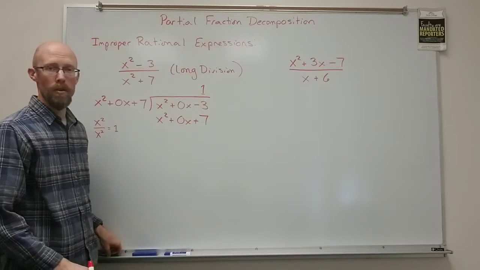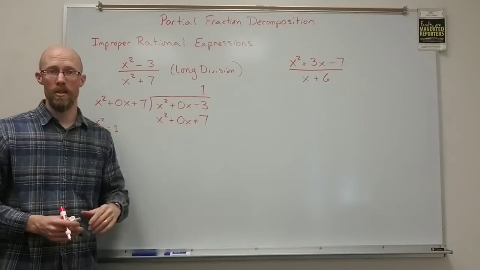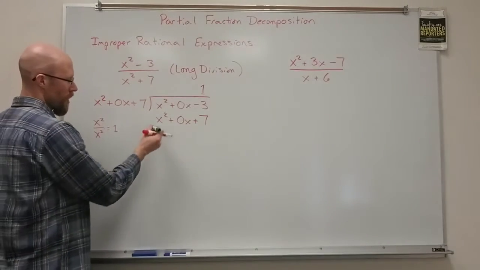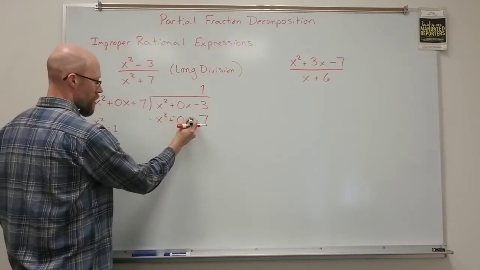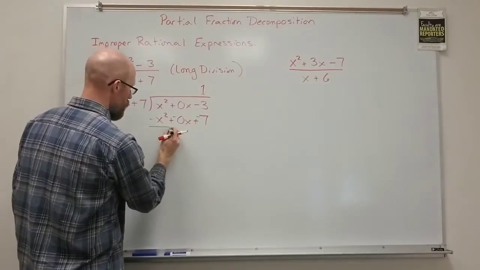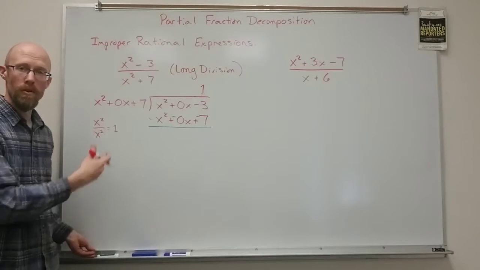And if you recall, the process we used for long division at this point was to change the signs and draw the line. You change all the signs because you're going to subtract that to find the remainder. So you change the signs and draw the line, and then you combine your terms.